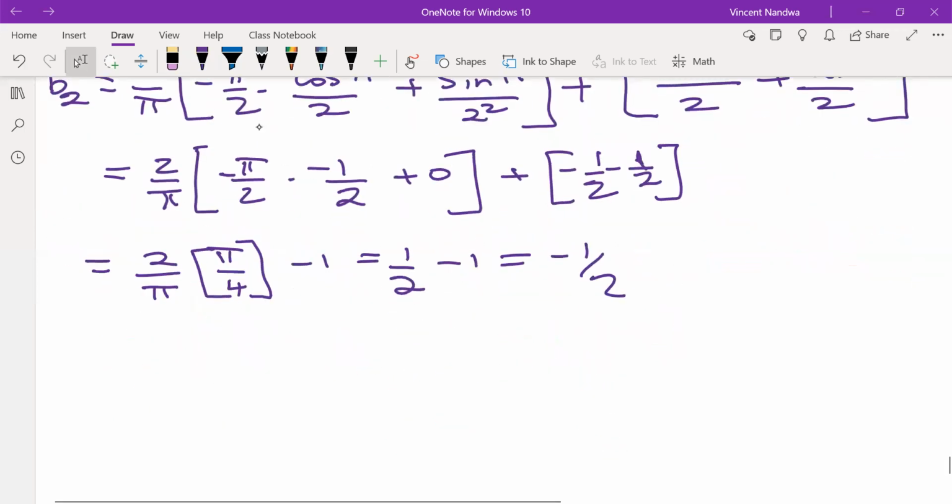And then let's get B3, and then we can write the formula, and other terms can be found in a similar way.